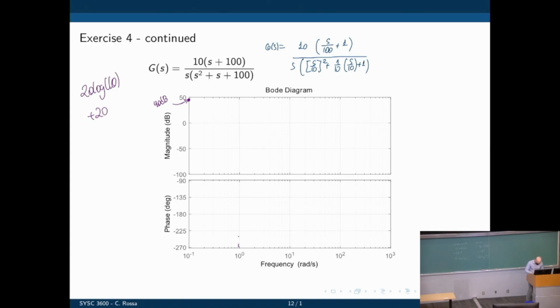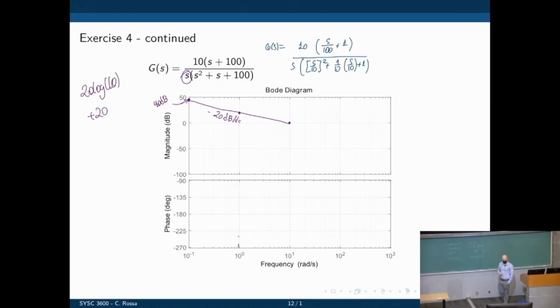So at 1 decade from now, we should be at 20 decibels. 2 decades from now, we should be at 0. Because this slope is -20 decibels per decade, and it comes from that pole.